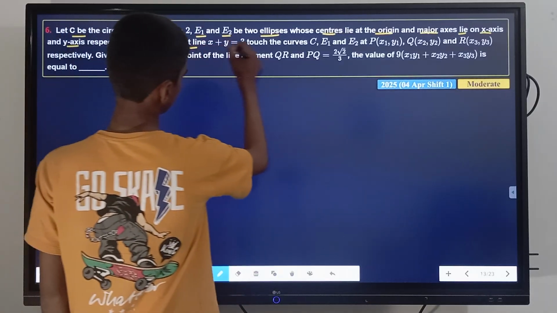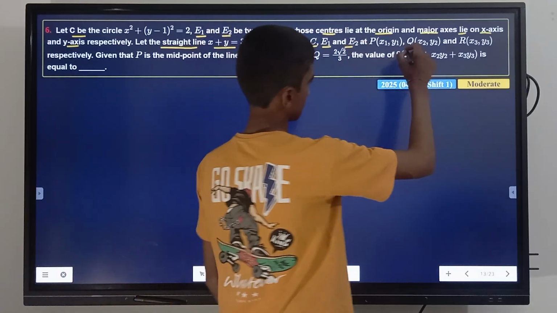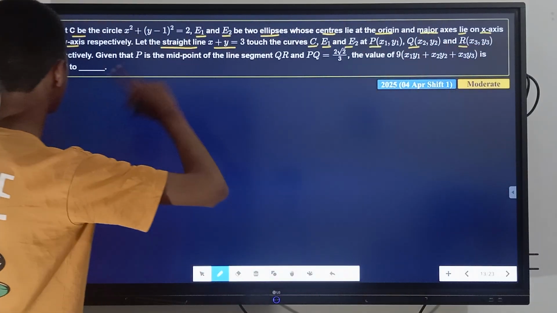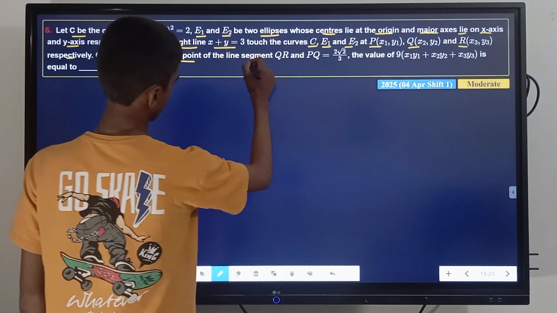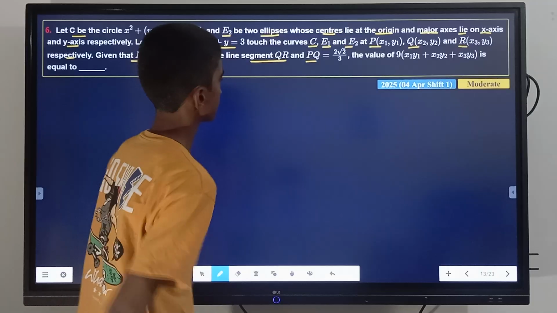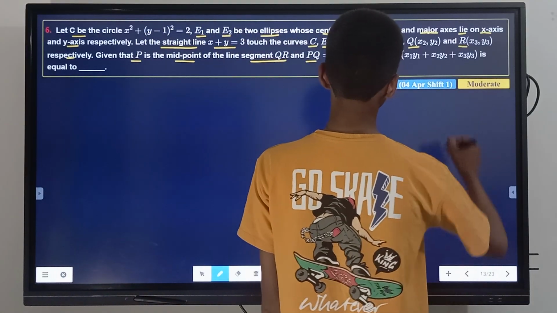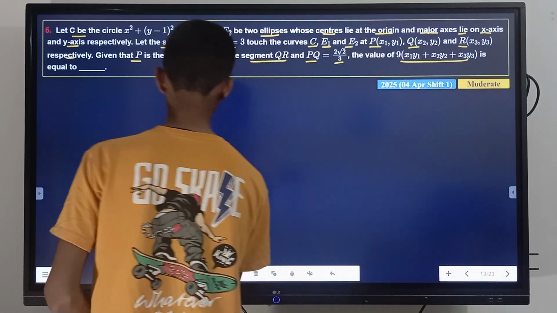Let the straight line x plus y is equal to 3 touch the curves C, E1 and E2 at points P, Q and R respectively. Given that P is the midpoint of the line segment QR and PQ is equal to 2 root 2 upon 3, the value of this expression is equal.